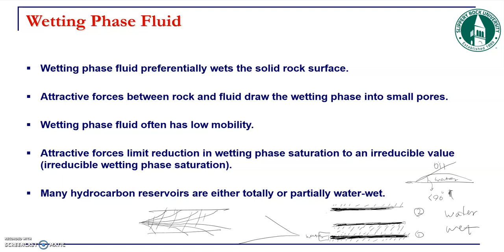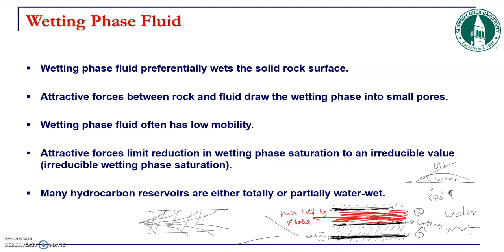What happens is you will have that, and then in the middle of the pore you will have the non-wetting phase. So this is the non-wetting phase, and this is the wetting phase on the surface.